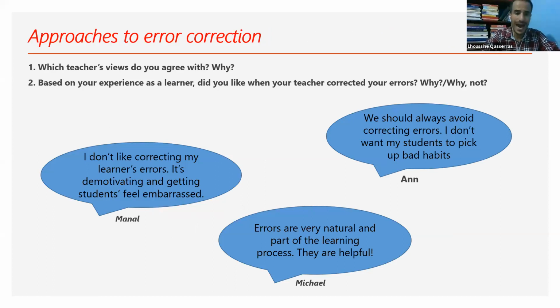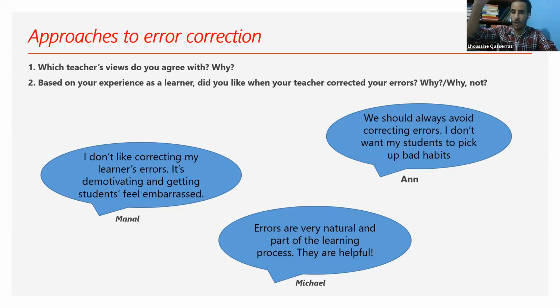Manal: I don't like correcting my learners' errors. It's demotivating and makes students feel embarrassed. I can't correct them, they feel embarrassed. It's an approach which means not to correct. Number two: we should always avoid correcting errors. Okay, I don't want my students to pick up bad habits.